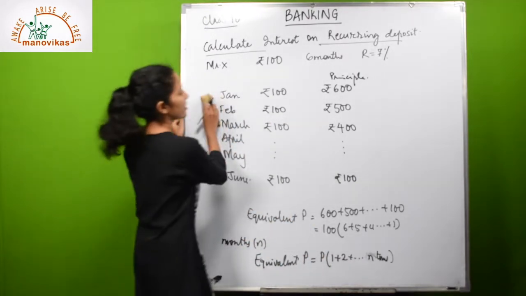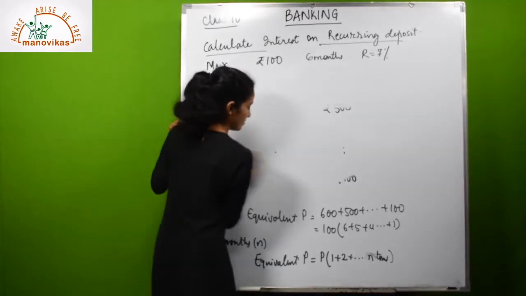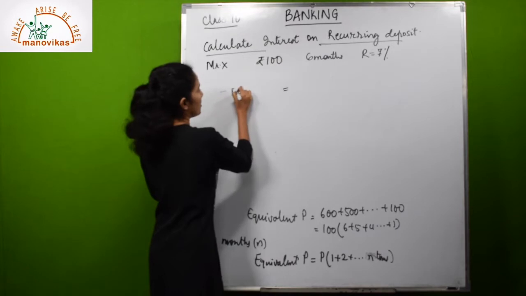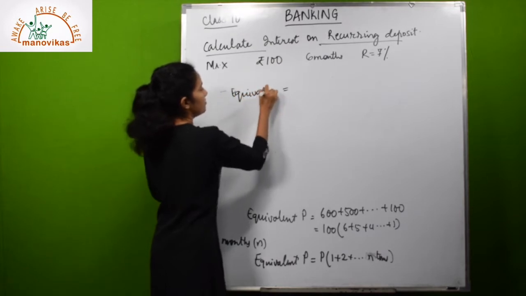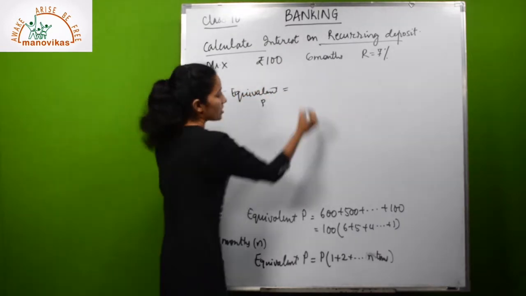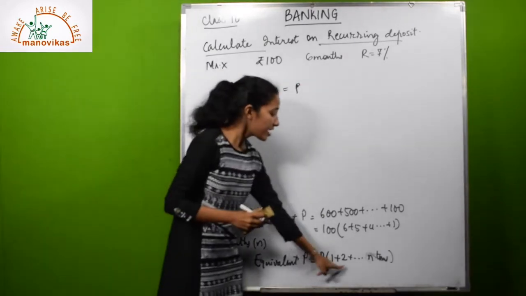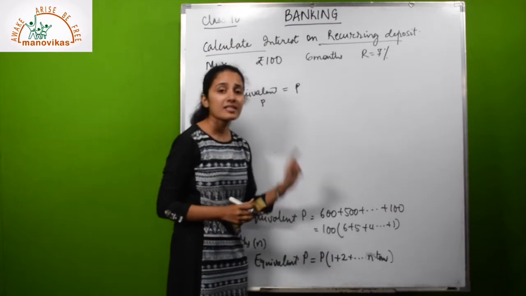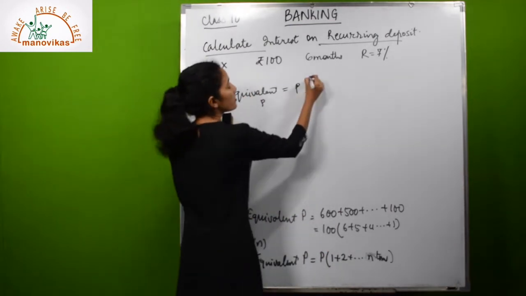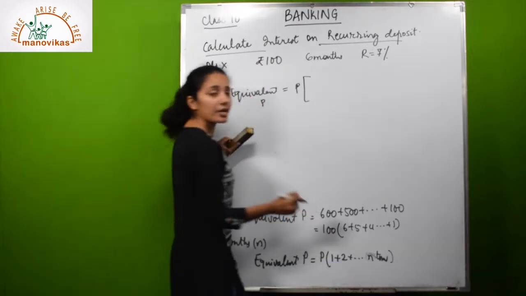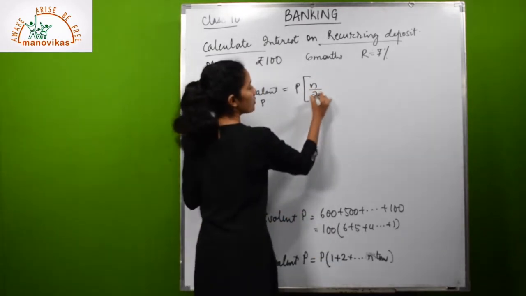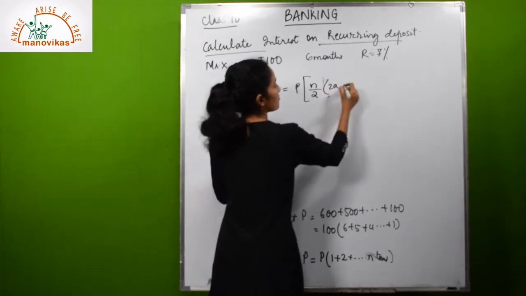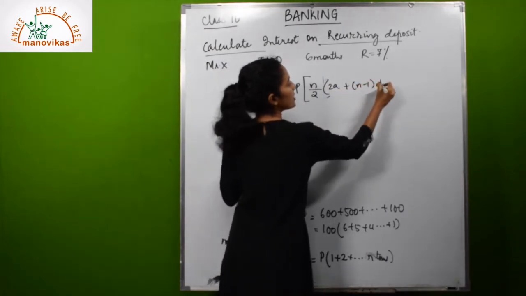So that would be nothing but the equivalent principal, this is P. Now note that this is an arithmetic progression with the common difference as 1. This is the common difference throughout. So using the sum of an AP, you have n divided by 2 into 2a plus n minus 1 times d.